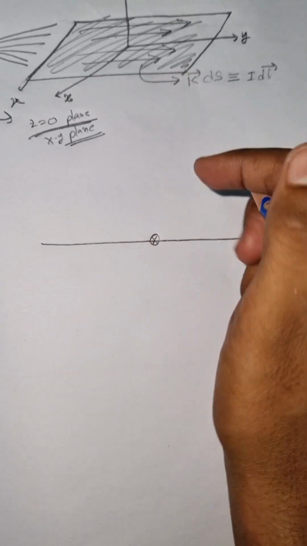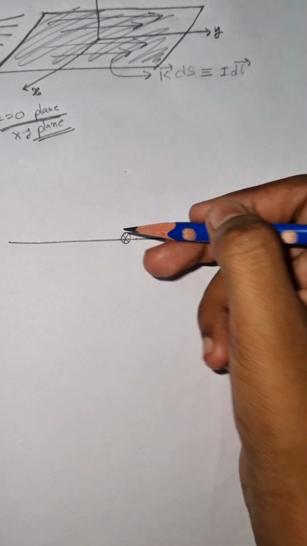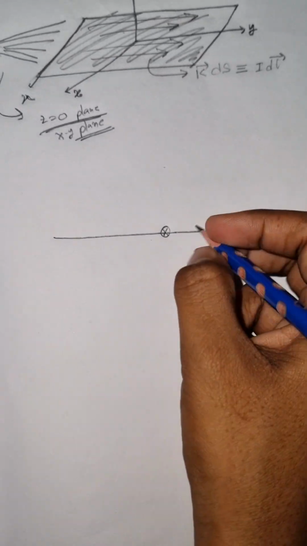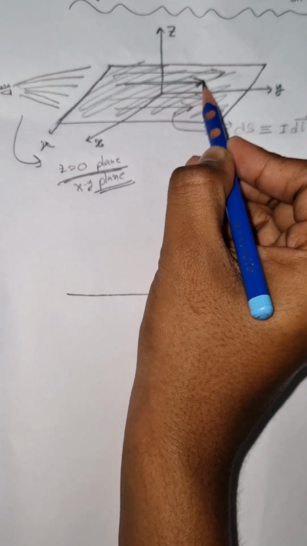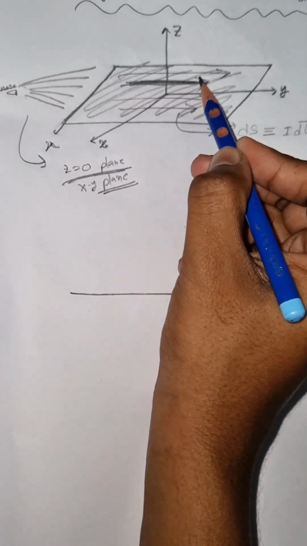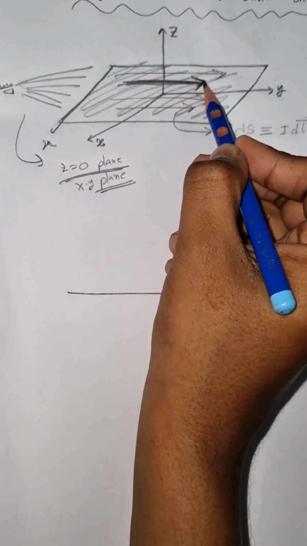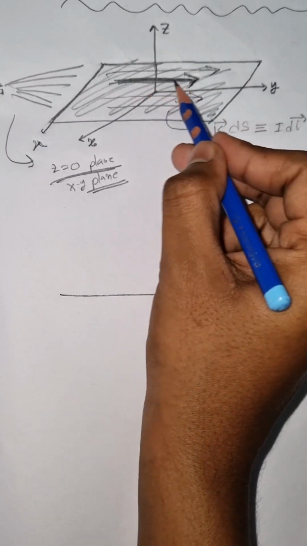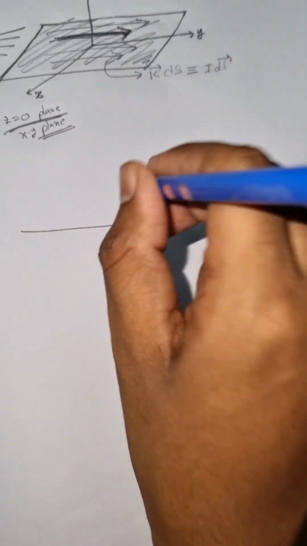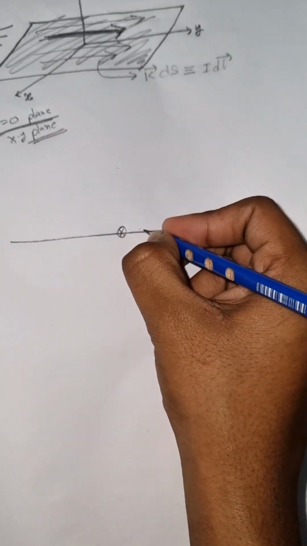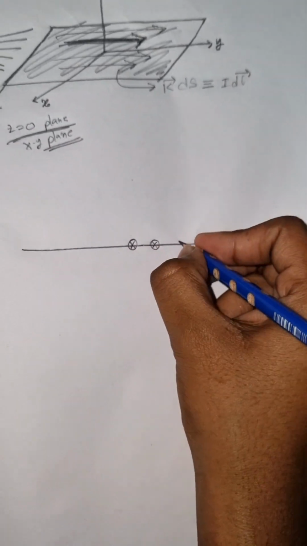And above this is the positive z, and below this is the negative z. Now let's consider, as we previously assumed, that the current element is towards the positive y direction. So the direction is inside the plane. So there will be multiple elements of this type.